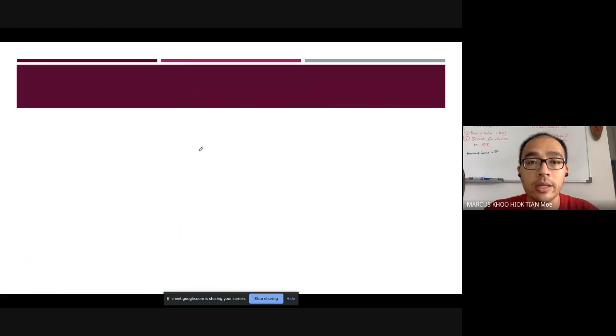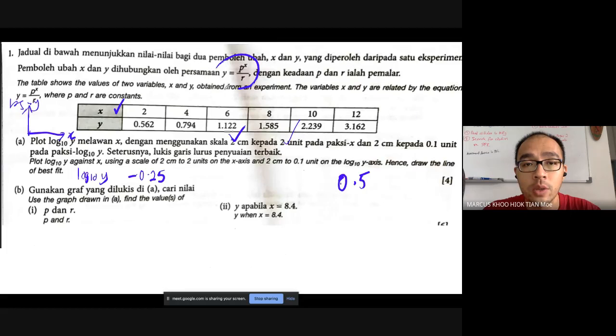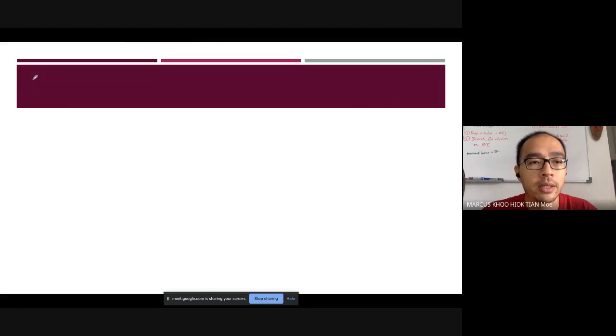Okay, so let's take a look at this one. This is our equation: y equals p to the power x over r. I want to start here. I have to convert this so that it becomes log 10y equals to something, basically mx plus c.